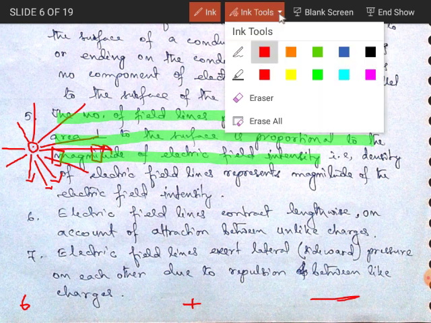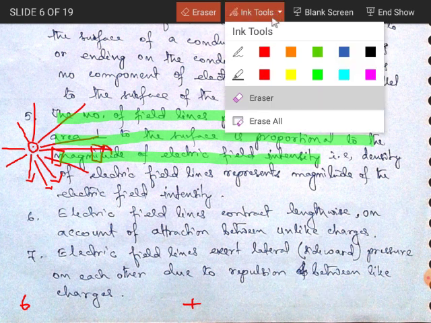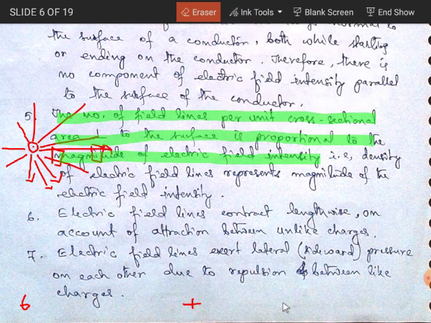So negative charge here, like this. Your field lines will start from the positive charge and go toward the negative charge, like this.